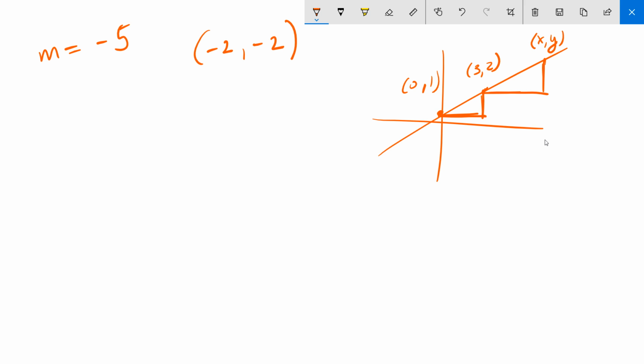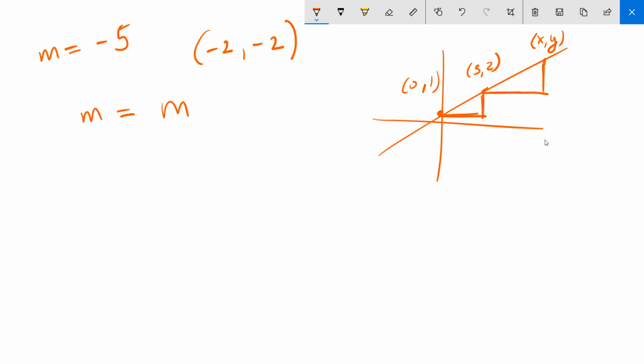Well, if they give you 2 points and they want the equation of a line, all you have to do is say that the slope at one part of the line is the same as the slope at another part. It's even easier when they actually tell you what the slope is. So we know that the slope is going to equal slope. That's how you're going to set up for your equation of the line. The slope at one place is the same as the slope at another.